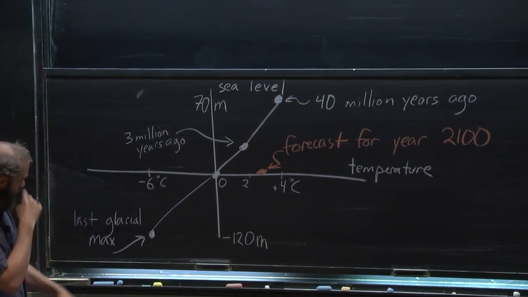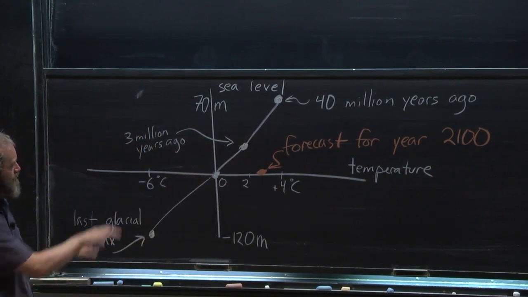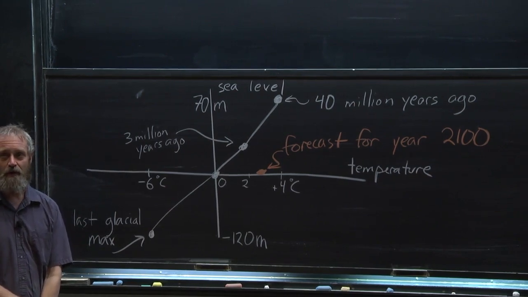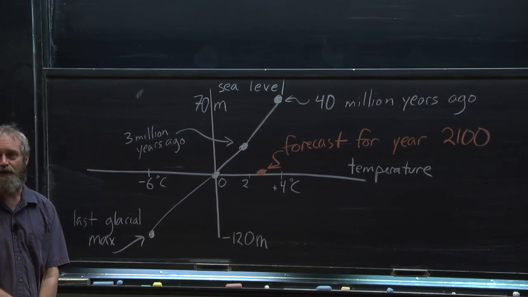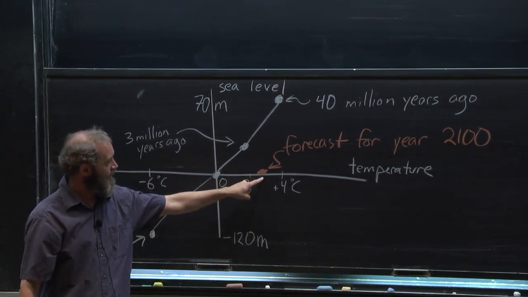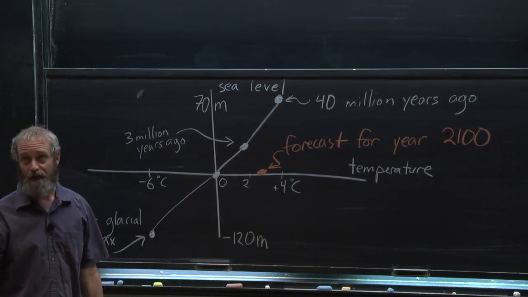So, there's a whole lot of complexity in this line, but there is also a fairly clear relationship, especially when you compare it with the forecast for the year 2100, which calls for some 2 to 4 or 5 degrees centigrade warming and a sea level change of maybe a meter or 2.